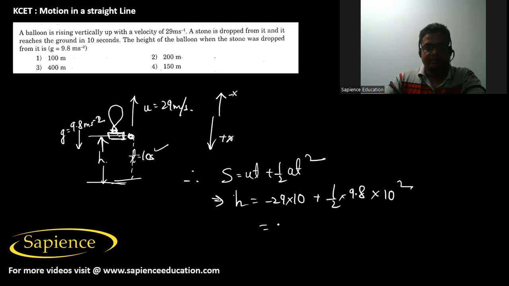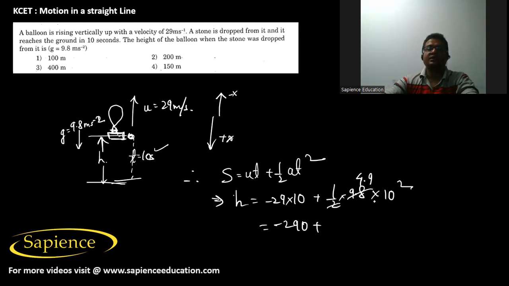It will be minus 290 plus 4.9 into 100, so this is plus 490. 490 minus 290, so that is 200 meters.